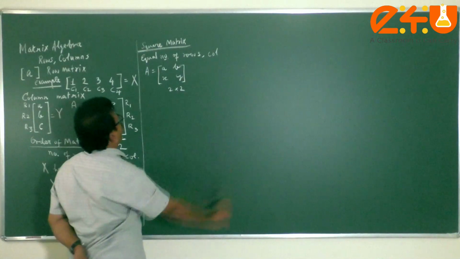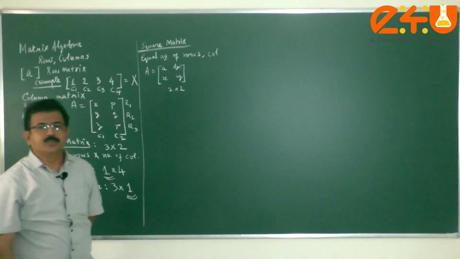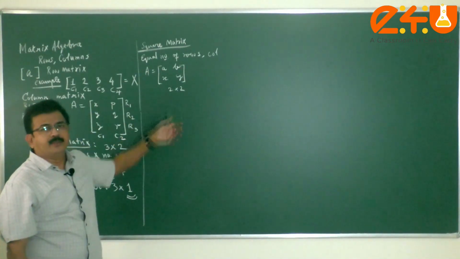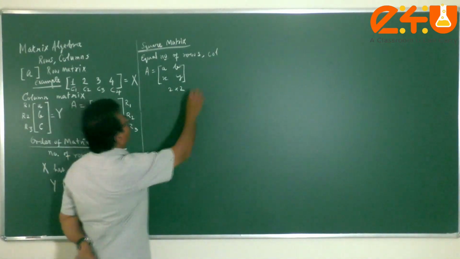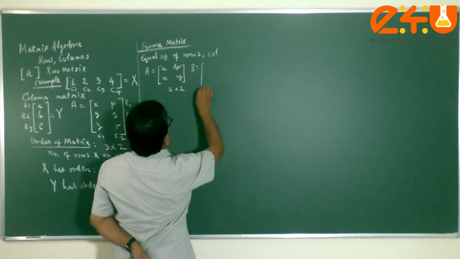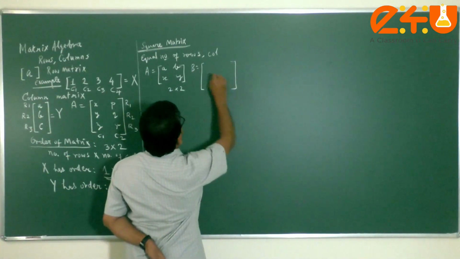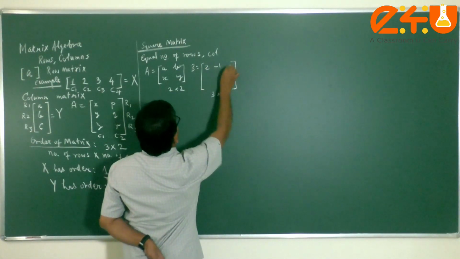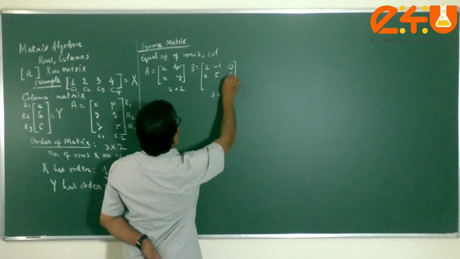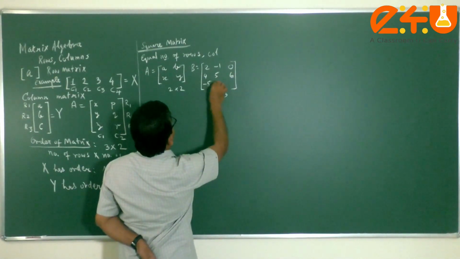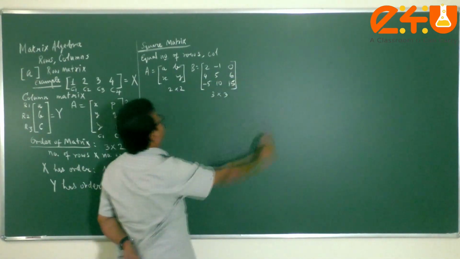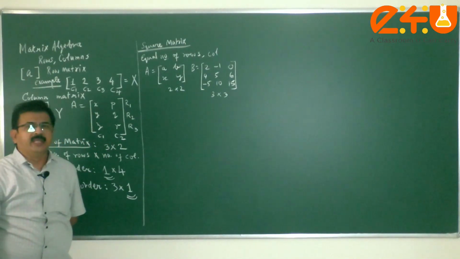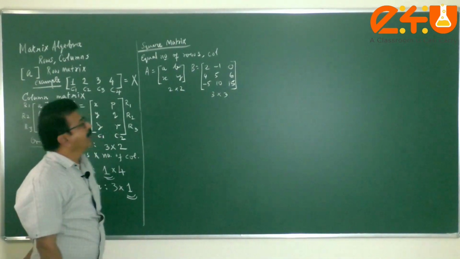A, B in row 1, X, Y in row 2. So this is a typical 2 by 2 matrix. I can write a matrix B, which is a 3 by 3 matrix. I am just randomly filling with some numbers, which becomes a 3 by 3 matrix.